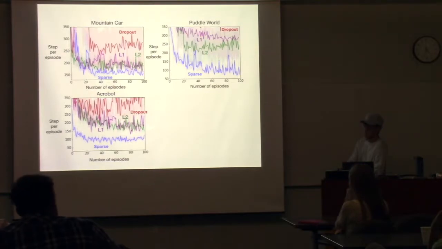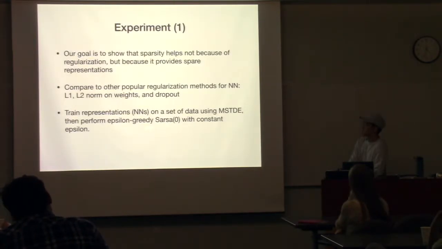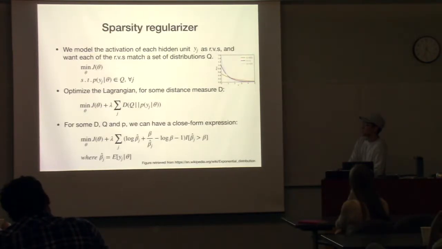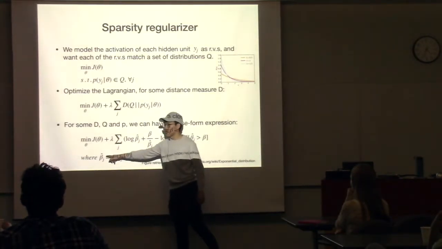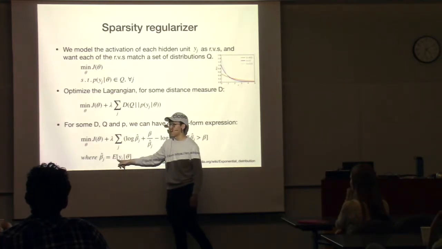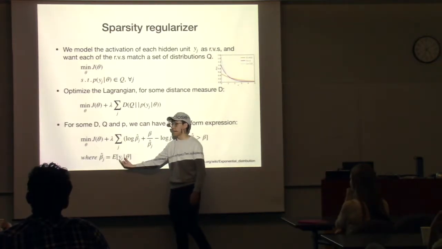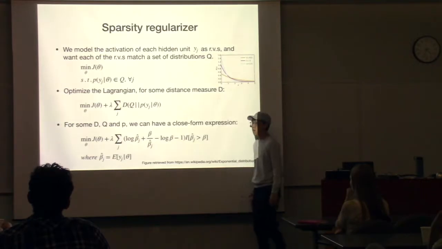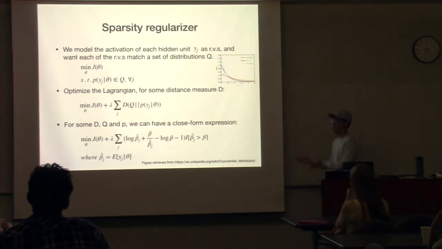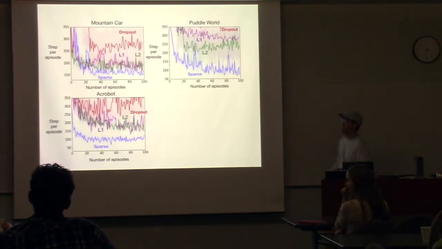One problem is, if you see here, we need a beta hat j, which is the mean activation for yj. So if you want to estimate this, you need a batch of data. Of course, we can use a mini batch to estimate. Okay, so this is for sparsity. But for the dense network, why do you have this two-stage process?